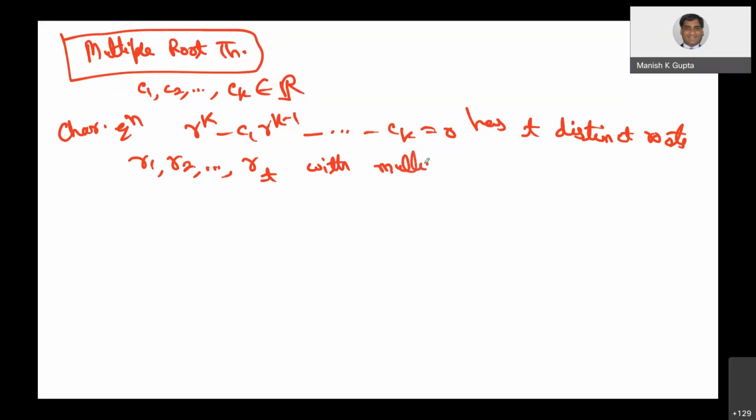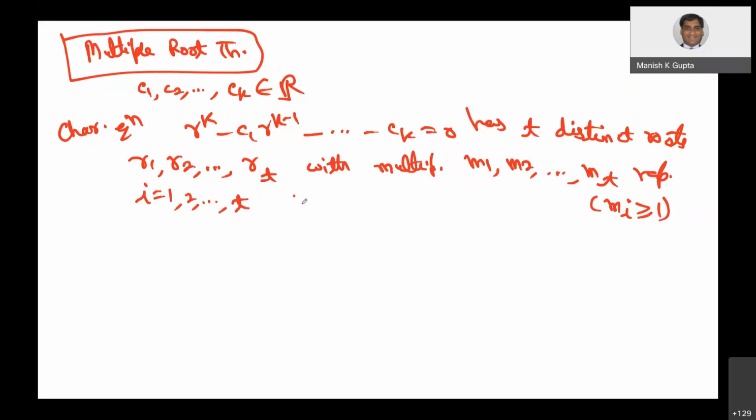Each root is repeated a certain number of times, with multiplicities m1, m2, ..., mt respectively, right? Where of course these mi's are at least 1, for i = 1 to t.